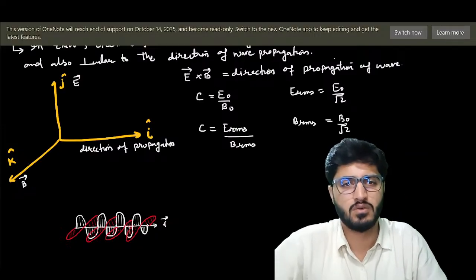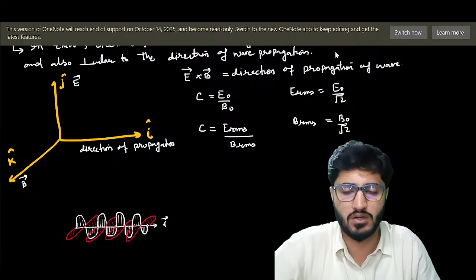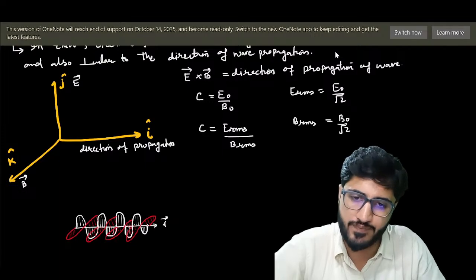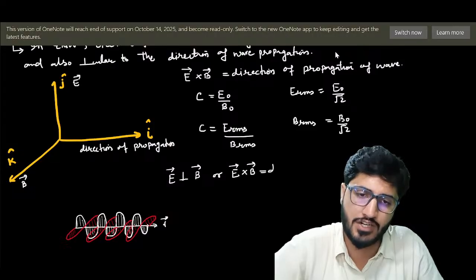So now, what is the reason that I show you this diagram? This diagram is very important. It shows that the electric field vector is perpendicular to the magnetic field vector, or you can write E cross B will give you the direction, and E dot B is equals to 0.